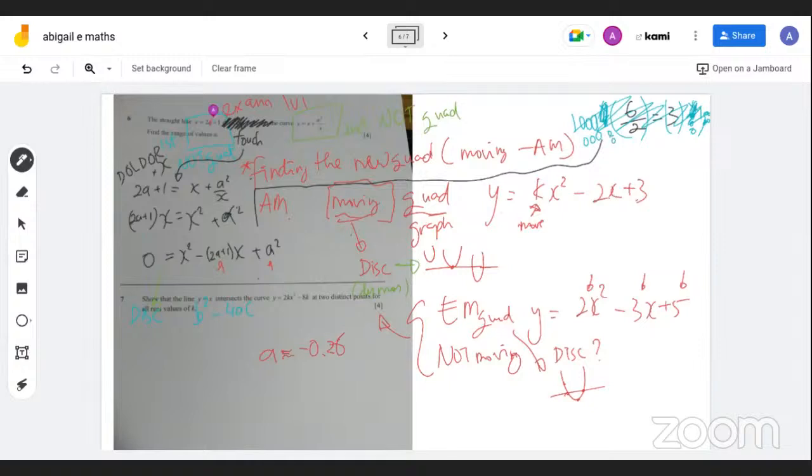I change this to K. There, K. Nothing wrong with this. Does it make it less confusing? Yes. Okay, let's deal with A. You're going to do your discriminant. Please do your b squared minus 4ac.